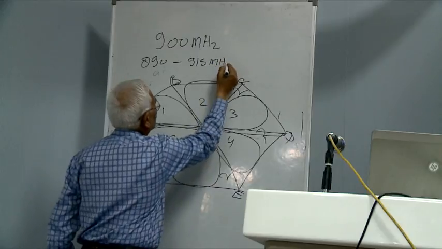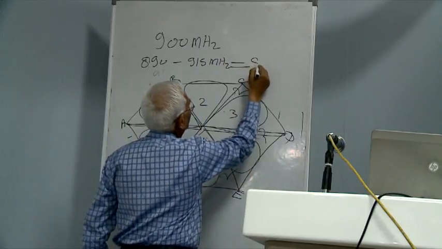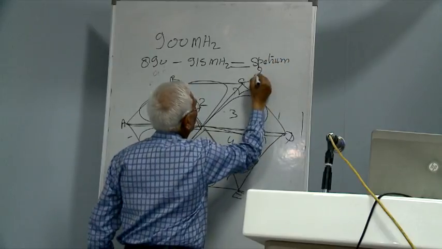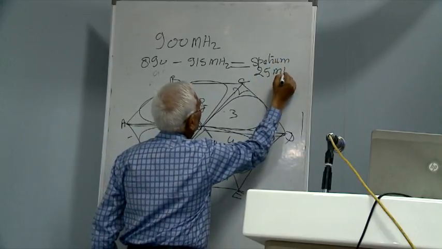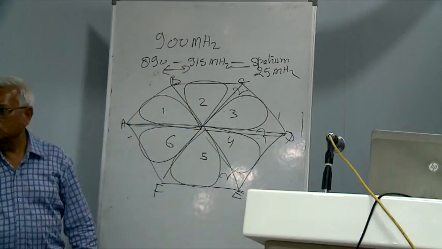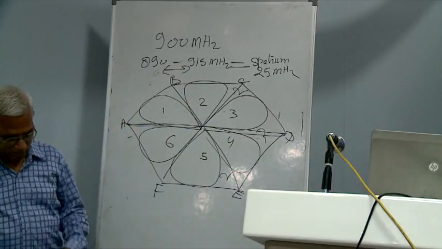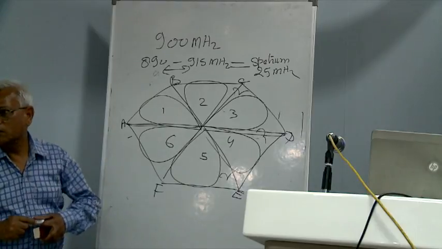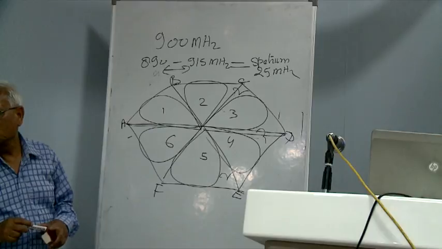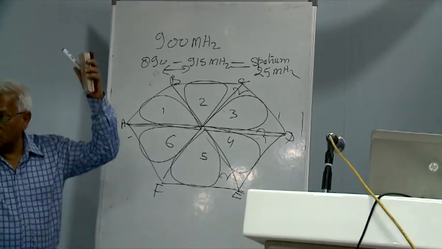This is the down channel, and the spectrum is 25 megahertz. This is the difference. This is called the spectrum. And the cost of the spectrum, have you imagined? So many thousand lakhs of rupees.